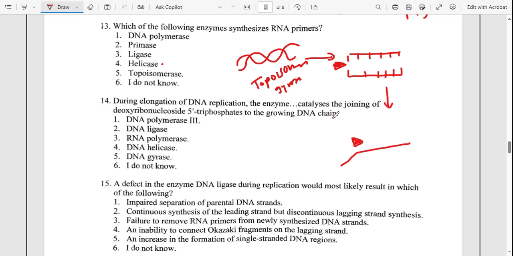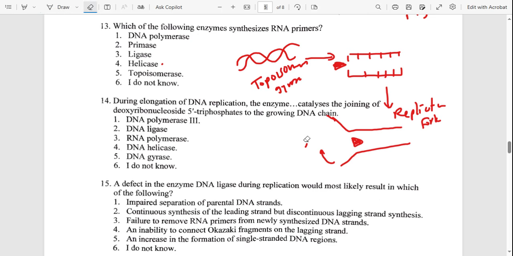The direction that helicase is going, we call the direction of the replication fork. Replication fork. But then at this side where you are separating the strands, these ends can still come back together.